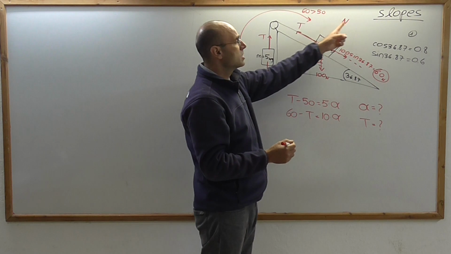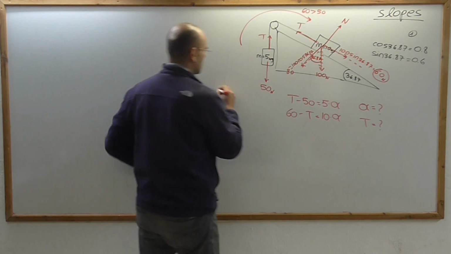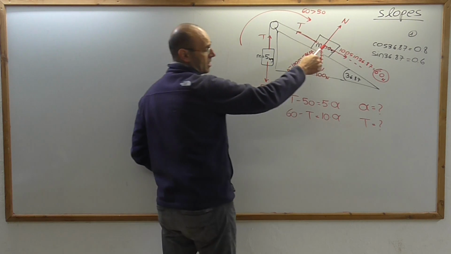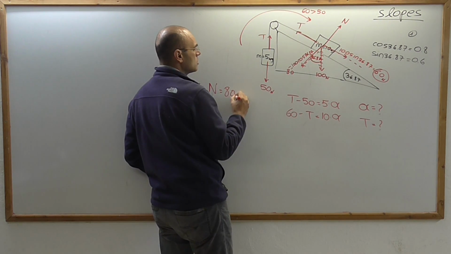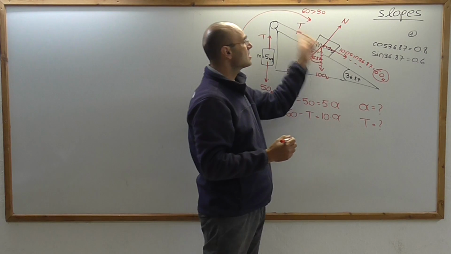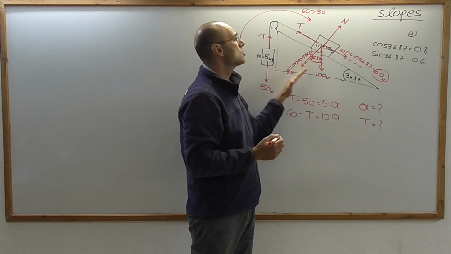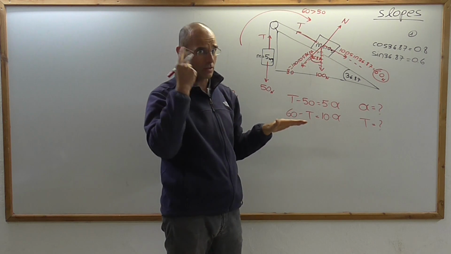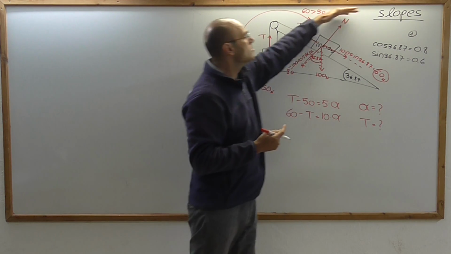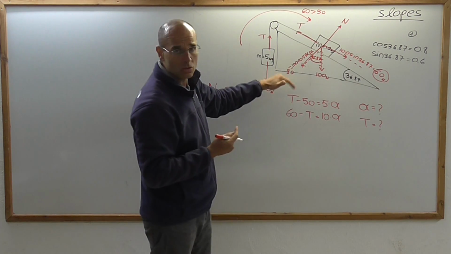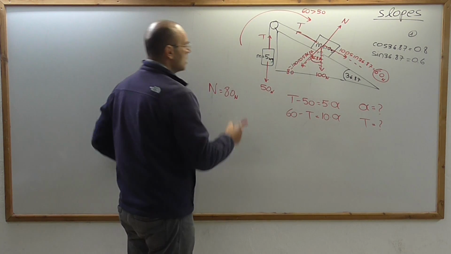If I want to know what's the normal force, I'll write it on the side here. The normal force must be equal to 80 newtons. Why? Because this mass goes this direction. It doesn't go in that direction. So in this direction, according to the first law of Newton, these forces must be equal to those forces. So the normal force must be equal to the 80 newtons.